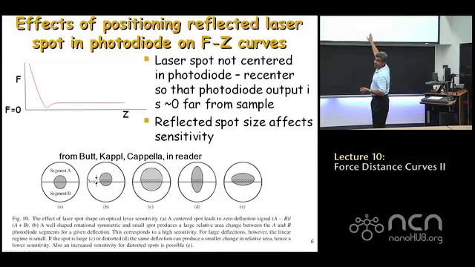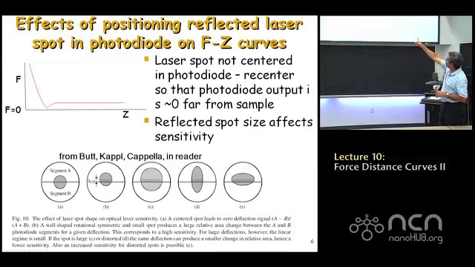One is flat when there's no interaction, and the other on the left where you're interacting with the sample. If you look at that particular graph, you notice that when you're far from a sample, f is not equal to 0, right, in this case. And that would immediately tell you as you do an experiment that your laser is not centered in the photodiode.